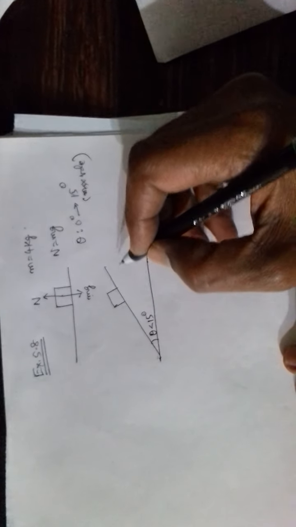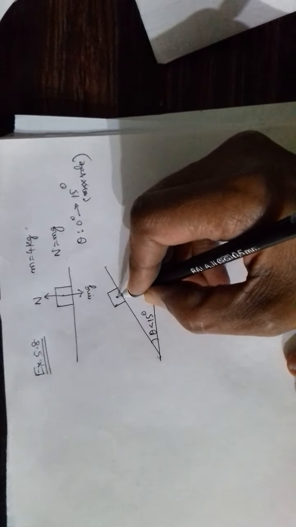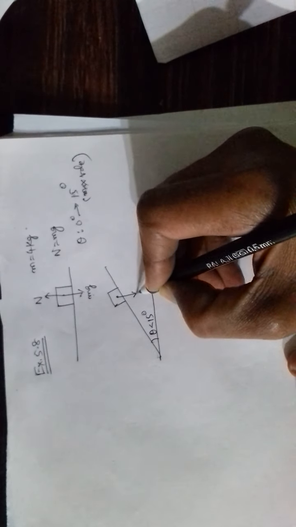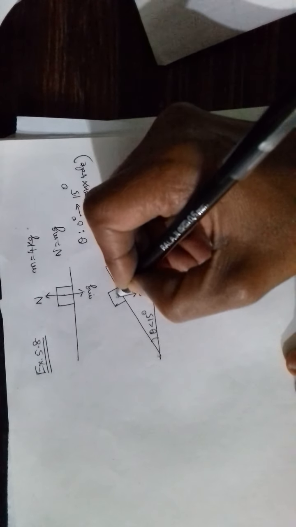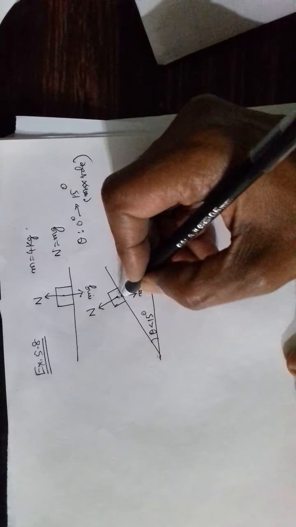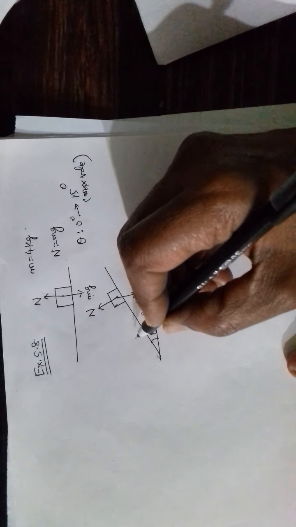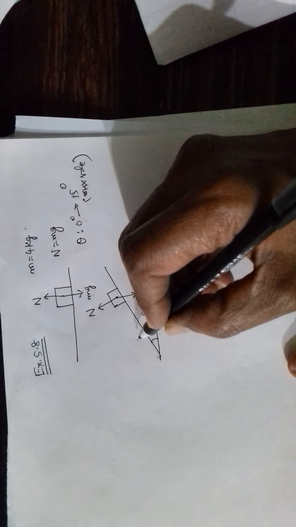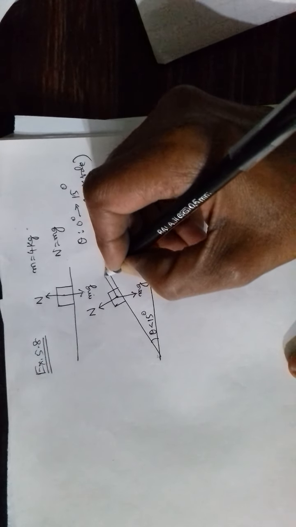Now let us identify the forces working on it. Vertically downward is gravitational force. Normal to the inclined surface is normal reaction. Since it is trying to slide down, that motion is opposed by static friction, working in the opposite direction.